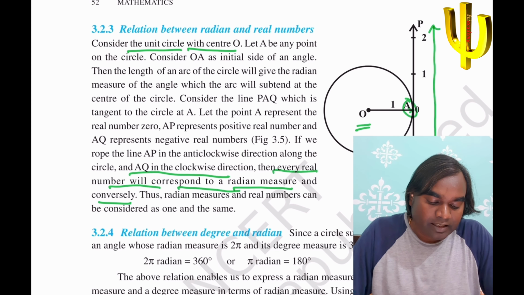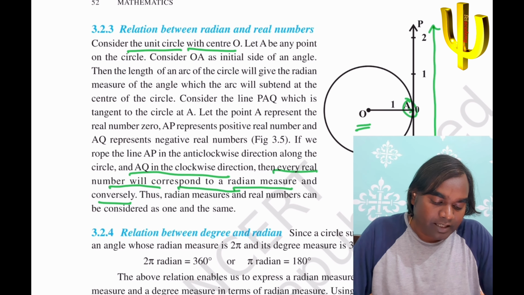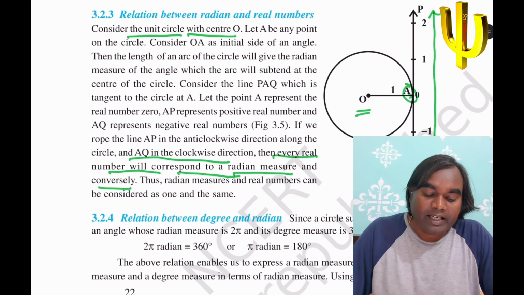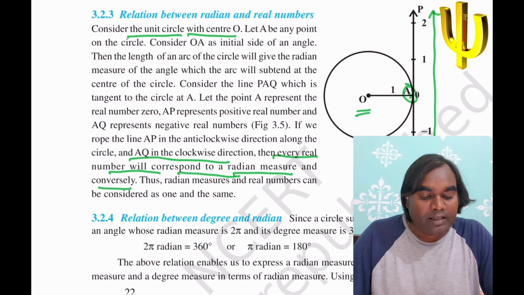Thus the radian measures and real numbers can be considered as one and the same. That means radian and real numbers can be related in this way.